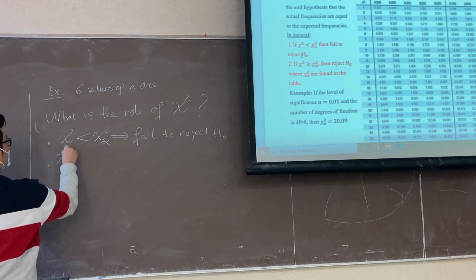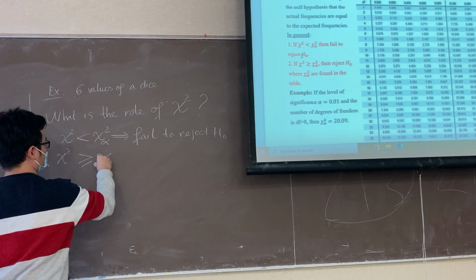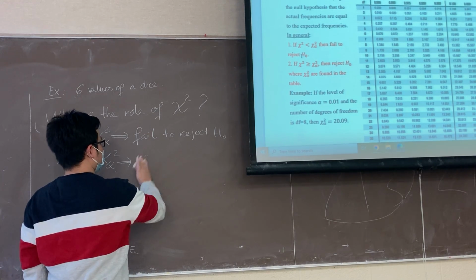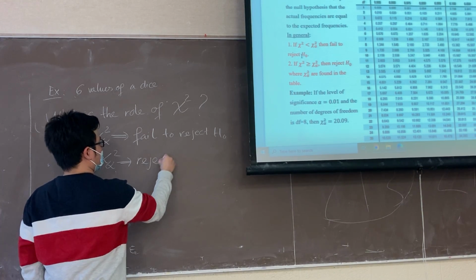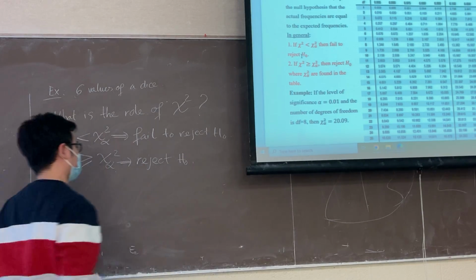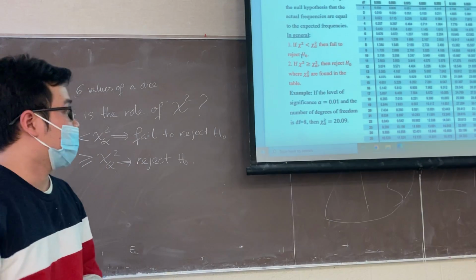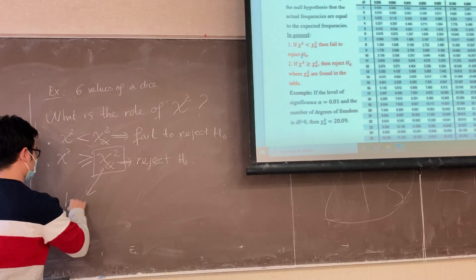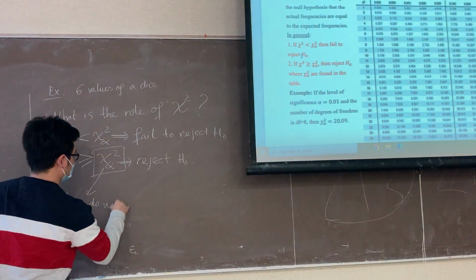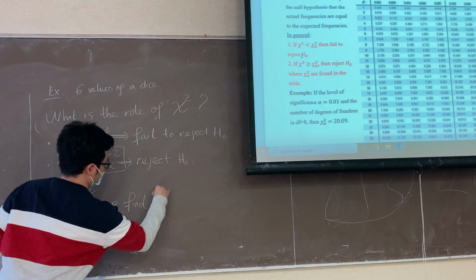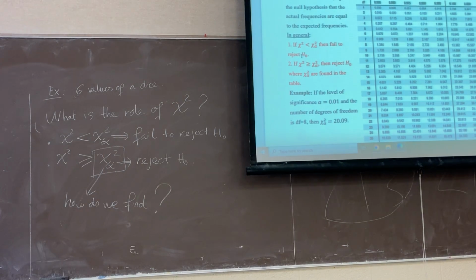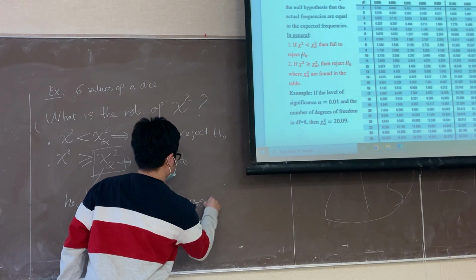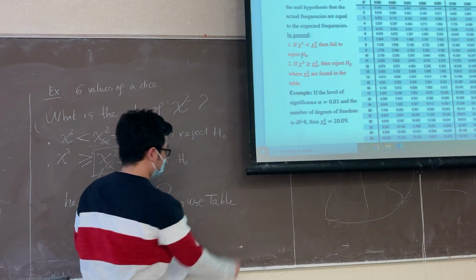If chi-square is greater than or equal to chi-square alpha, then we reject the null hypothesis. We have two conditions like this. And the question here is, how do we find this? We will use the table.